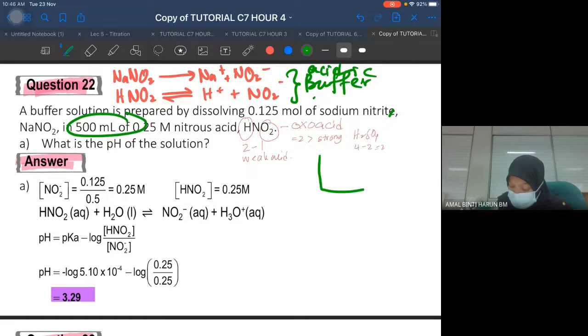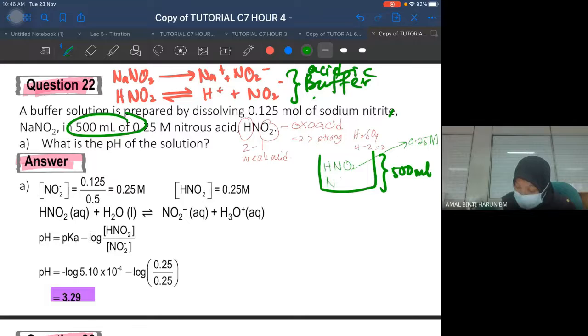So, solution ni ada 500 ml. So dia ada apa dalam ni? Ada nitrous acid HNO2. Concentration dia memang dah dalam 500 ml ni adalah 0.25 molar.